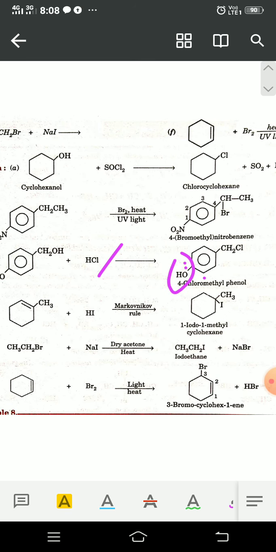In two classes for the topic haloalkanes and haloarenes, I taught you about the preparation of haloalkanes and also about the types of halogen compounds, with the hybridization of carbon atom to which halogen is attached.